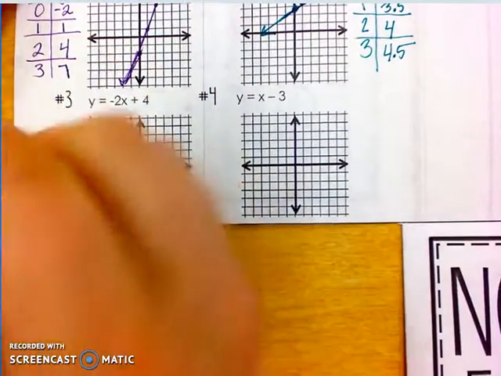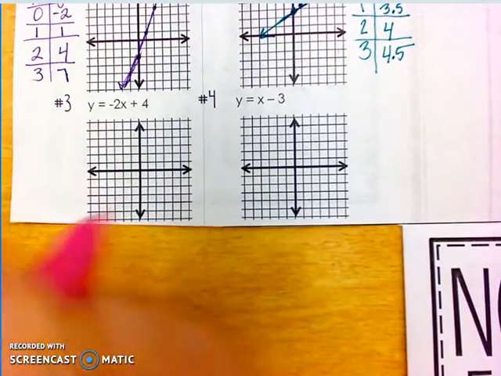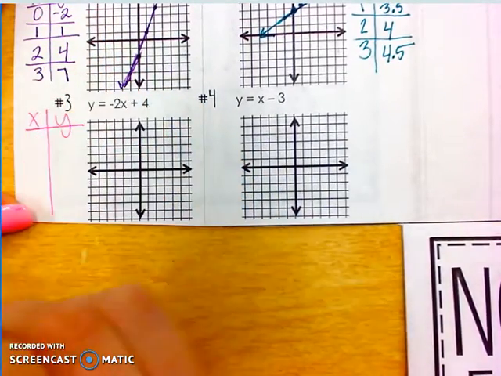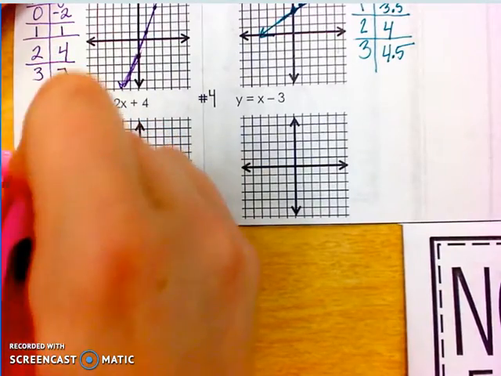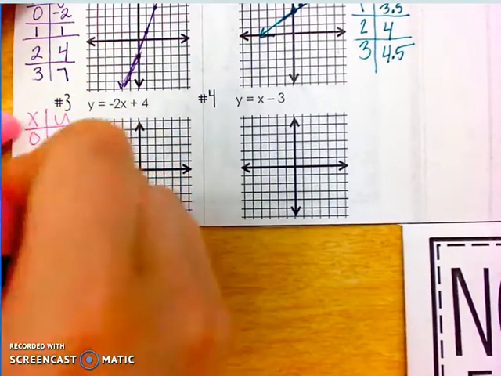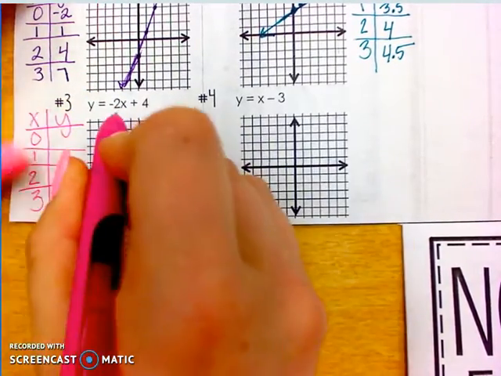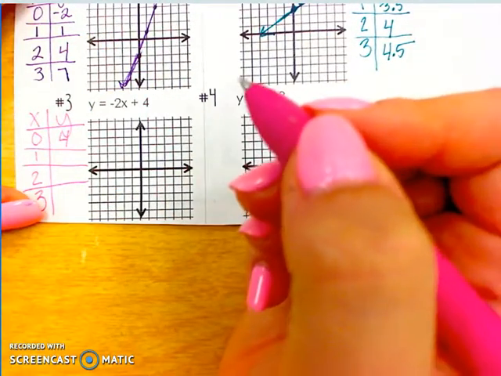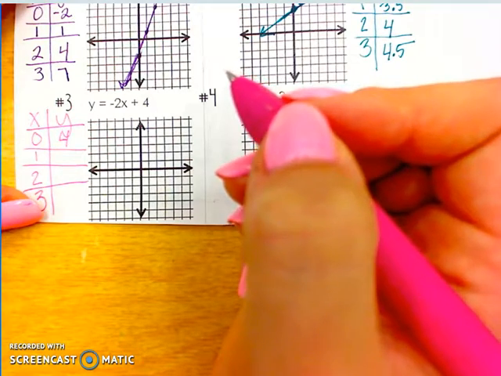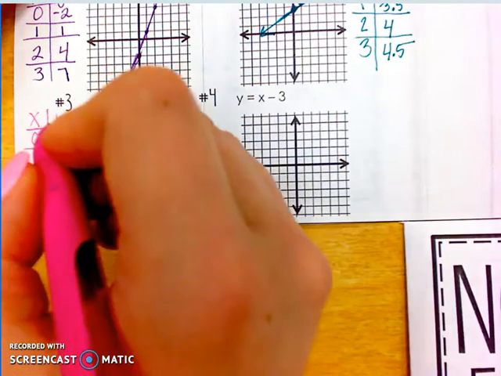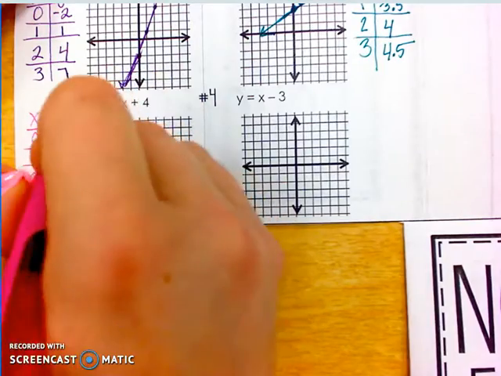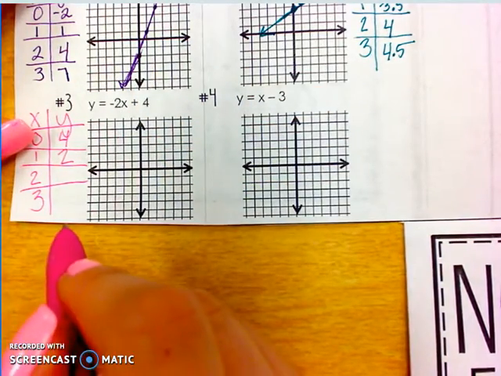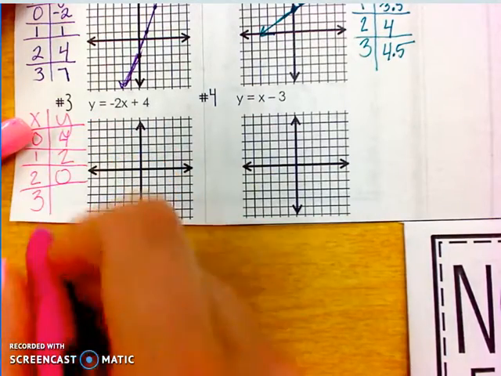Number 3. We're going to use x and y values. We use the same x values. You've got to figure out your y values. Plugging in 0 times negative 2 plus 4 is 4. 1 times negative 2 plus 4 is 2. 2 times negative 2 plus 4 is 0.